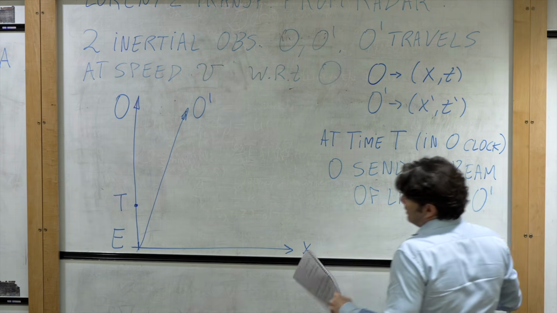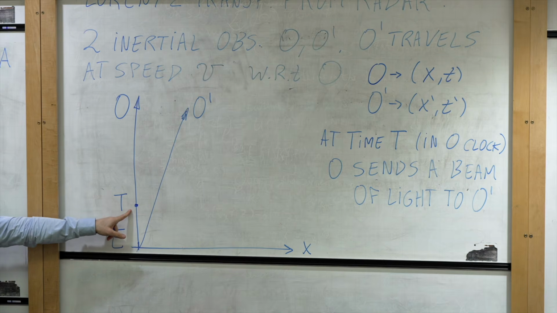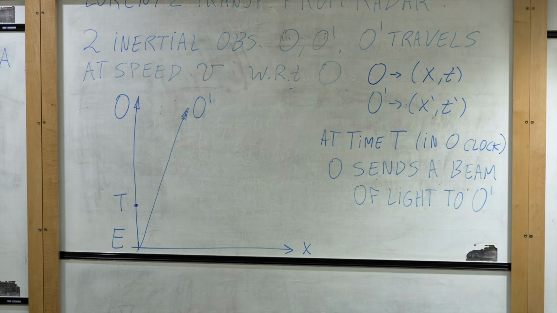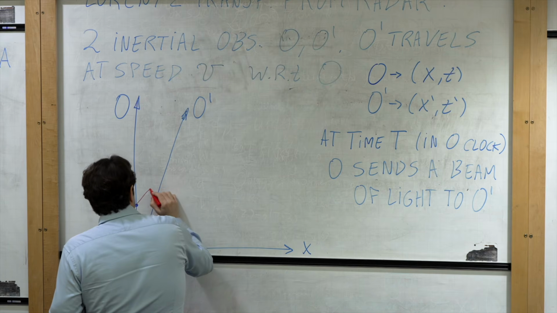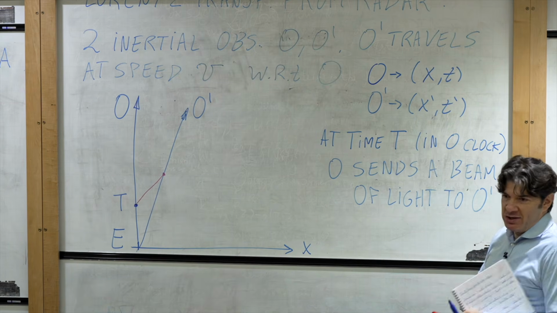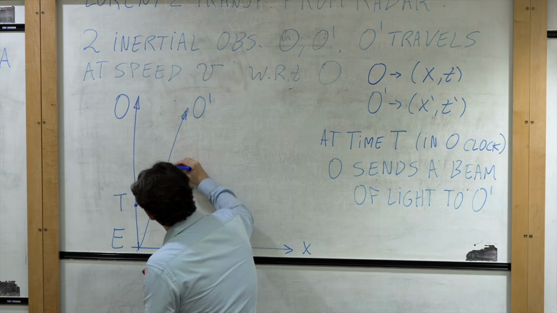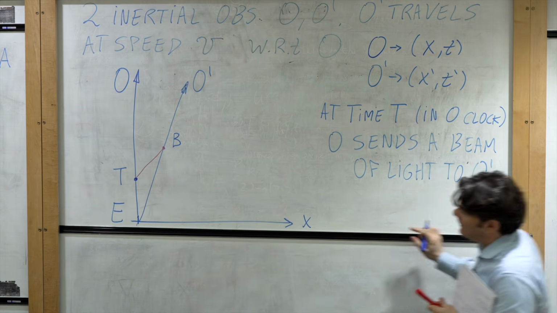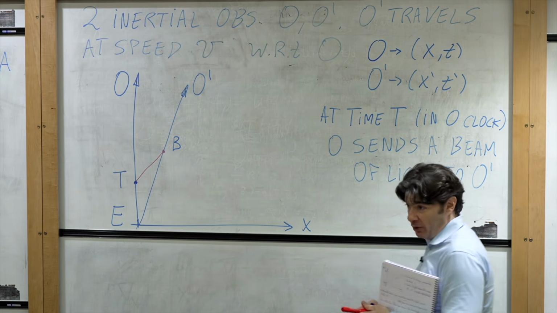Remember, rays of light always move at 45 degrees. So the beam of light, let's use another color, let's say red, moves at 45 degrees, and it will reach O prime at some point, which is that point over there. We call this B. So this is the event where the ray of light thrown by O reaches O prime.